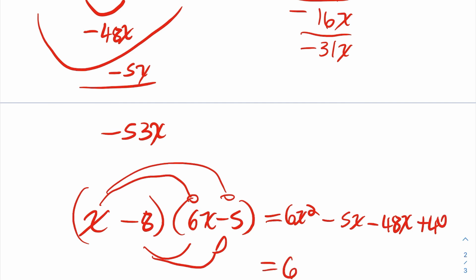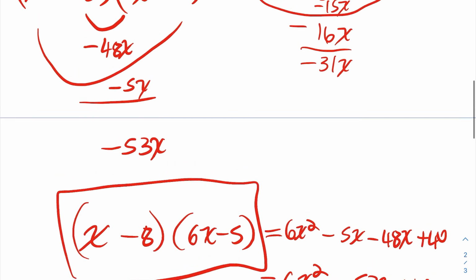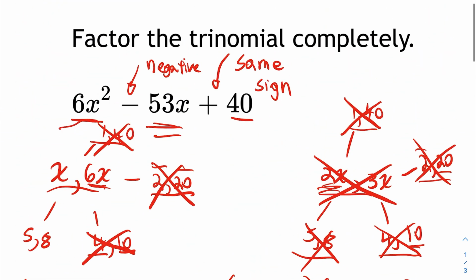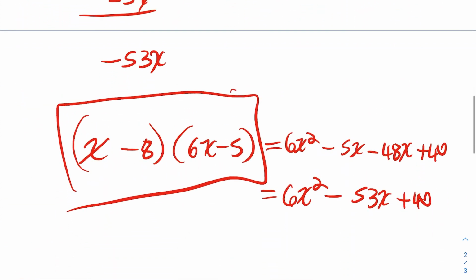So this gives me 6x squared minus 53x plus 40. So this is the answer. This is exactly what I was looking for. I've factored that trinomial. This is the final answer. Those are the factors of 6x squared minus 53x plus 40. We've factored.